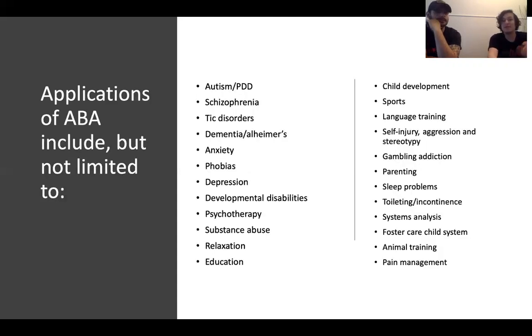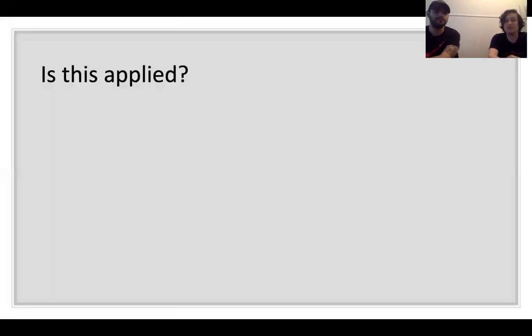Some of the application areas of applied behavior analysis, it's not a comprehensive list, but these are some of the areas where applied behavior analysts have come in and tried to produce that meaningful change. Okay, so autism, phobias, depression, right? Psychotherapy, systems analysis, gambling addiction, self-injury and aggression, right? Education, all the areas where behavior analysts have worked and produced meaningful changes.